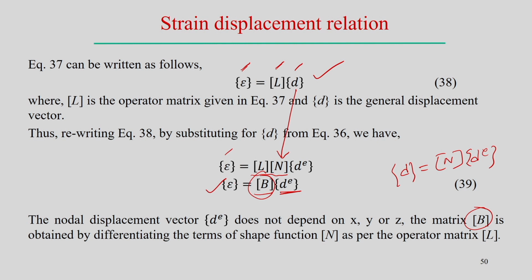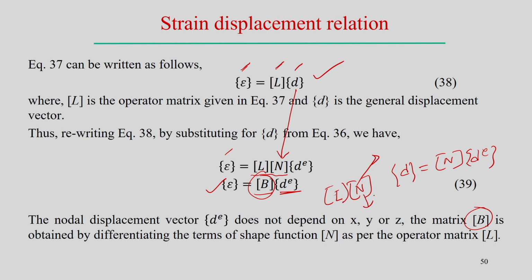B is the operator L applied to the shape function N. The shape function is a variable because, apart from the constant terms, that is the coordinates of the different node points, the variables x, y, z are also involved.